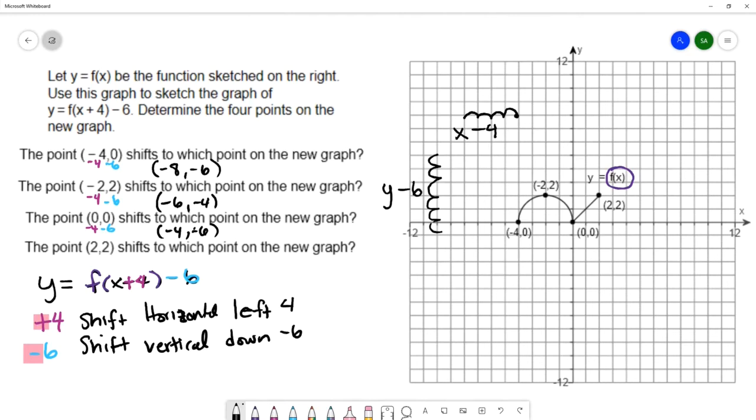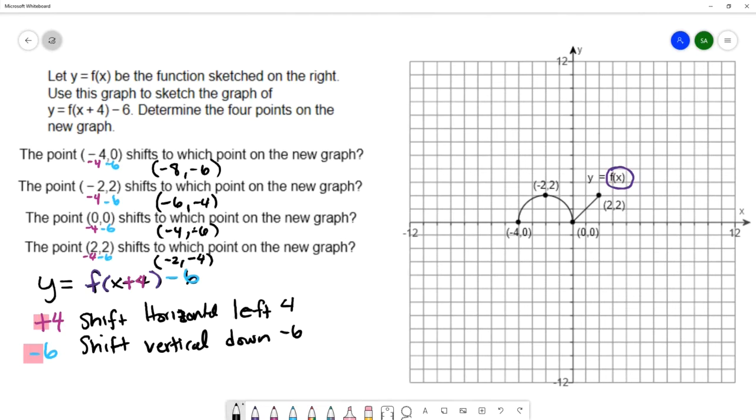Our last one, 2, 2, we subtract 4 from the x, subtract 6 from the y, and that gets us to the point of -2, -4.